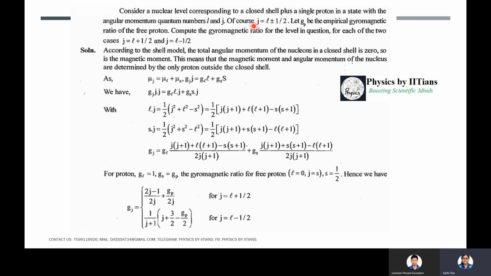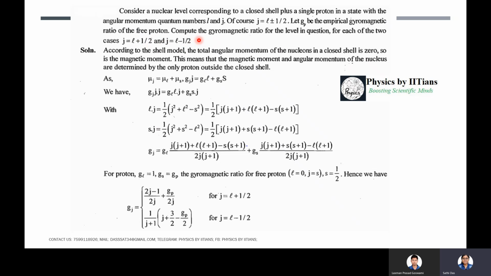Of course we know J equals L plus half or L minus half, depending upon the spin orientation of that proton. So let us take Gp to be the empirical gyromagnetic ratio for the free proton, and compute the gyromagnetic ratio for the level in question for each of the two cases, J equals L plus half and J equals L minus half.